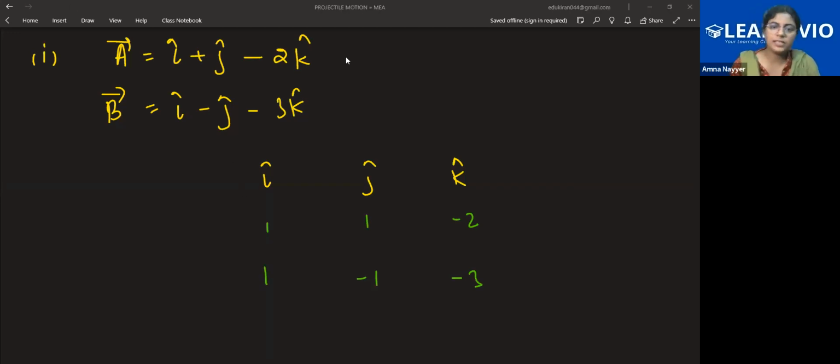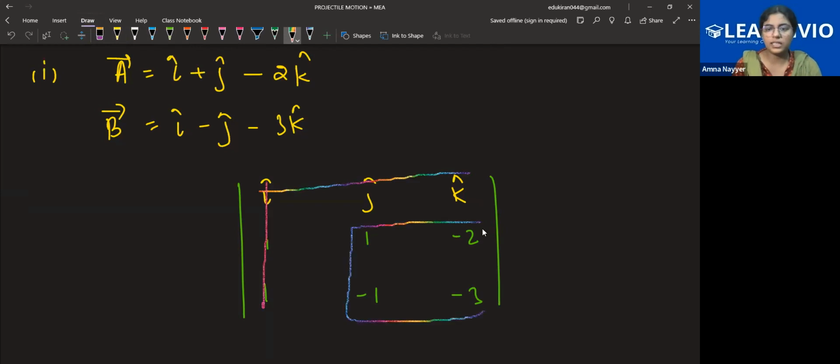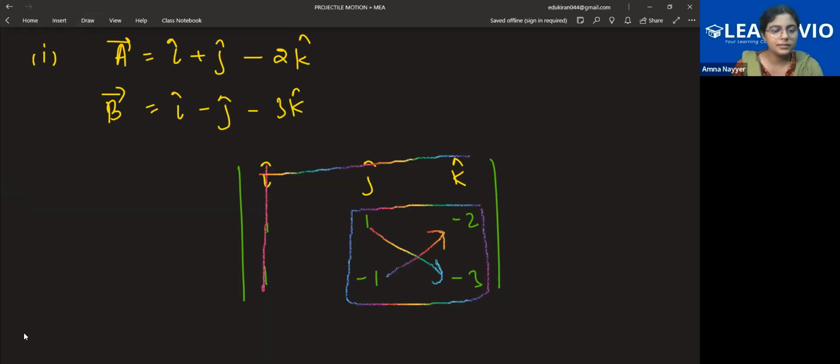Okay, very good. Zainab has answered also. Now, when we are talking about the I cap, this will be cut, this will be cut. We'll be left with these 4 and it will be vertically down minus vertically up. So it is 1 into minus 3 minus 1 into minus 2 I cap minus J cap.